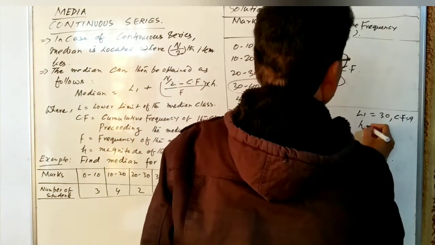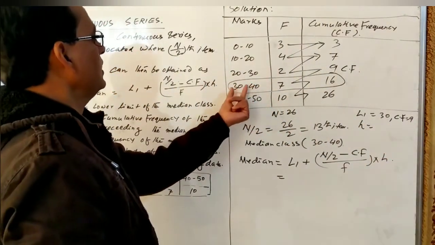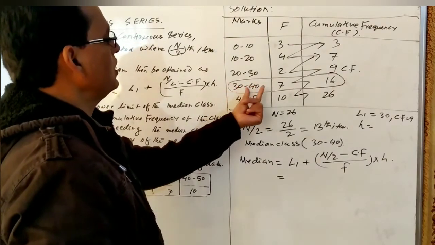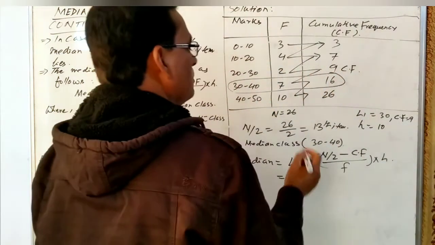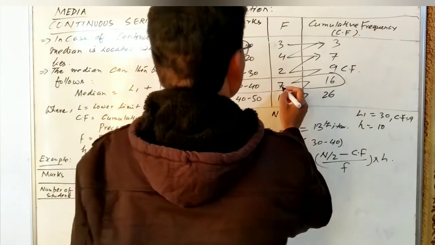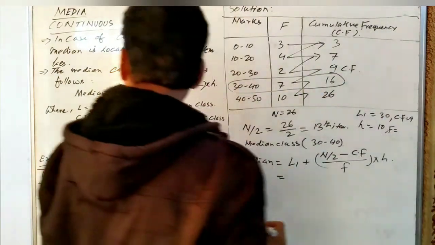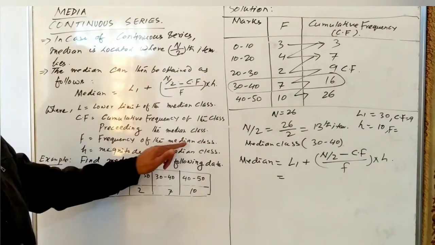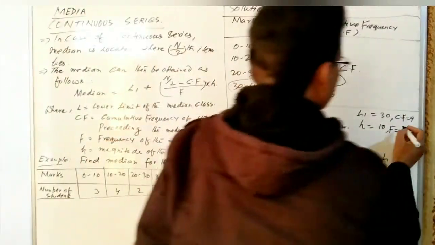H is the magnitude or height of the median class, the difference between 30 and 40, so this is 10. F is the frequency of the median class, which is 7.